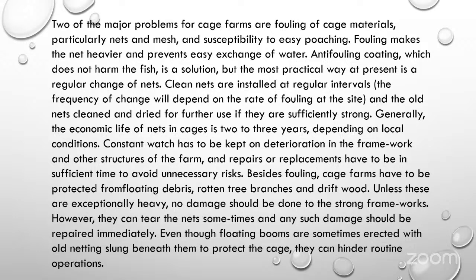Unless these are exceptionally heavy, no damage should be done to the strong frameworks. However, they can tear the nets sometimes, and any such damage should be repaired immediately. Even the floating booms are sometimes erected with old netting slung beneath them to protect the cage. They can hinder routine operations.